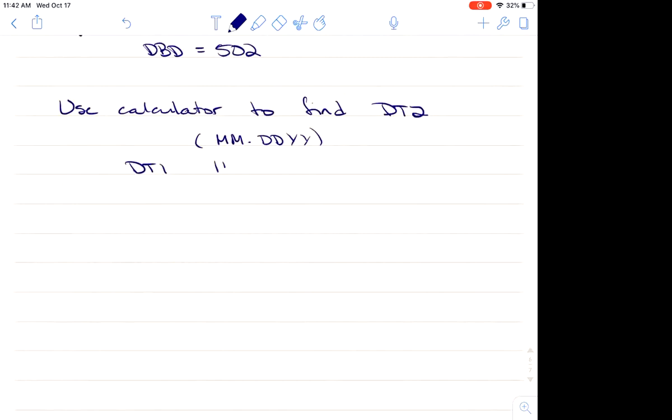November is 11.0501. Date 2 is the one we're trying to solve for, so I'm going to put a star here. And I'm going to force the days between these dates to be 502.